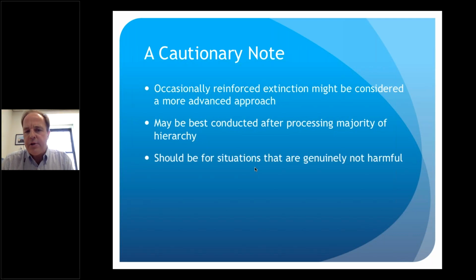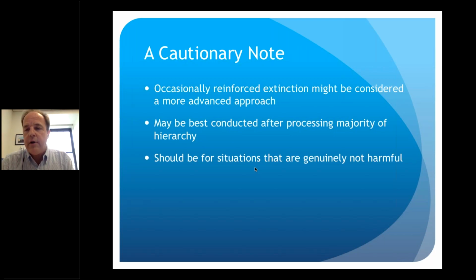And it should also be for situations that are genuinely not harmful. So the person might have certain anxiety concerns around things that we would legitimately and for good reason be hesitant about. I'll give you an example. A student in our program has a client who is very worried about her neighborhood because of high crime that legitimately has been reported in her neighborhood.